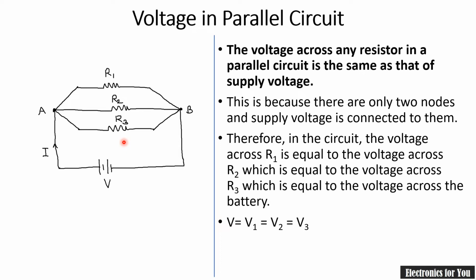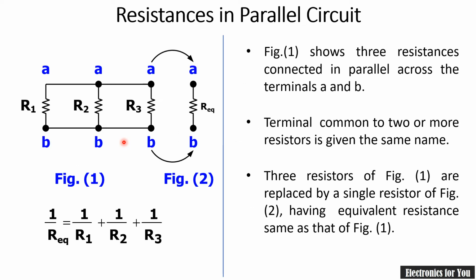Now let us talk about the second parameter, that is resistances. When resistances are connected in parallel like this, they have common points, and so these three resistances can be replaced by a single resistance, called the equivalent resistance or total resistance. Here R equivalent is the parallel combination of these.